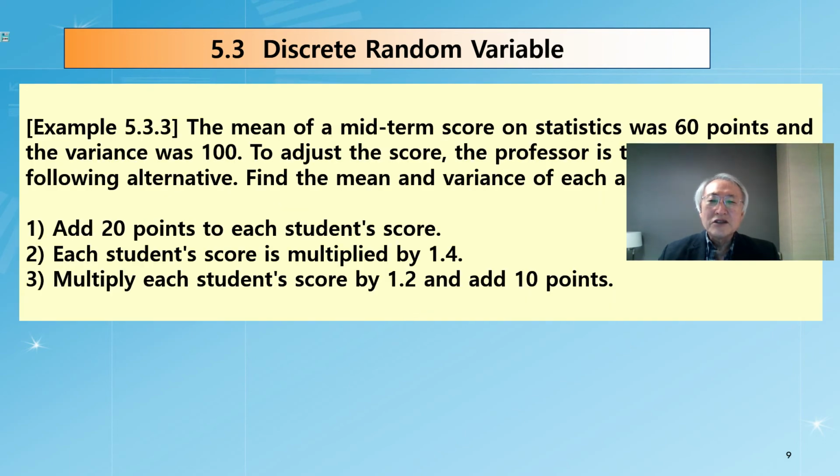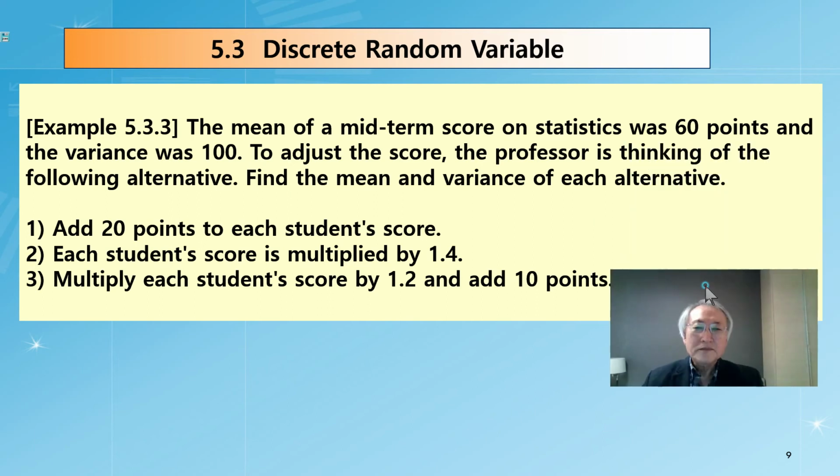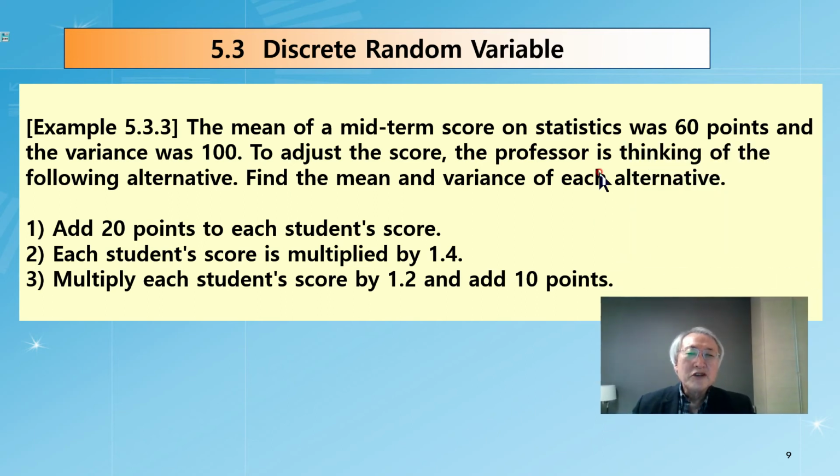Let's consider this example. Suppose your midterm score has an average of 60 points and variance of 100. And the professor is thinking of giving some kind of curve. How about this? We want to add 20 points to each student's score.